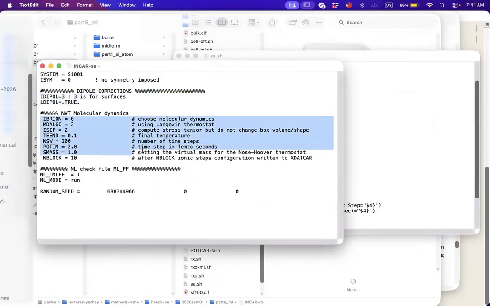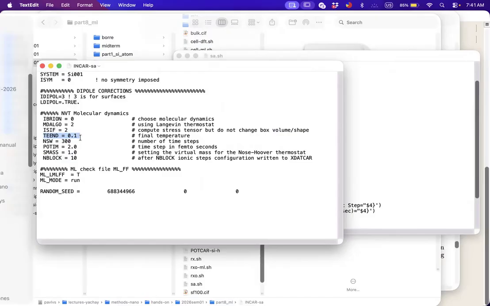And finally, for the simulated annealing, I'm going to do an NVT molecular dynamics. I have put here only the final temperature. I didn't put 0, I just put 0.1 Kelvin. That was okay. And the rest we keep the same.